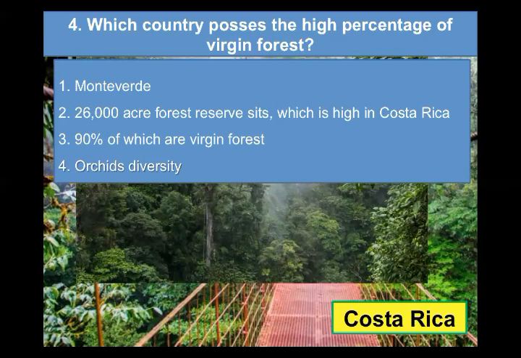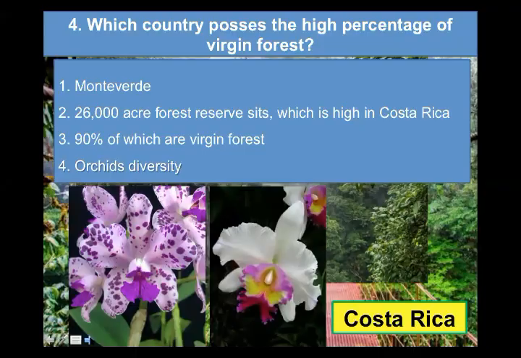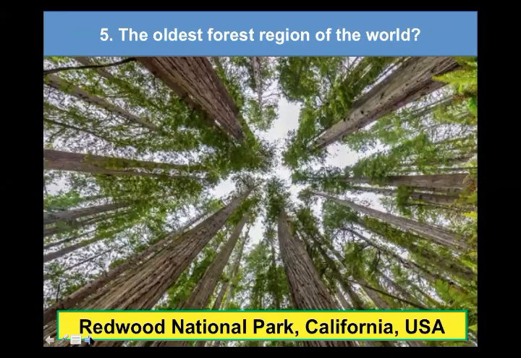The rest of the 90% is untouched. This rainforest also possesses the highest diversity of orchids, along with several animals. These are the beautiful orchids that grow in this particular region.